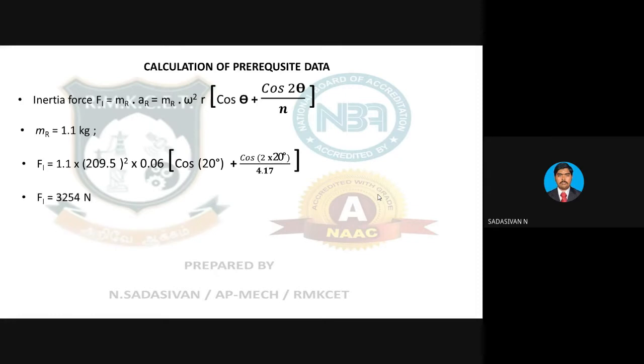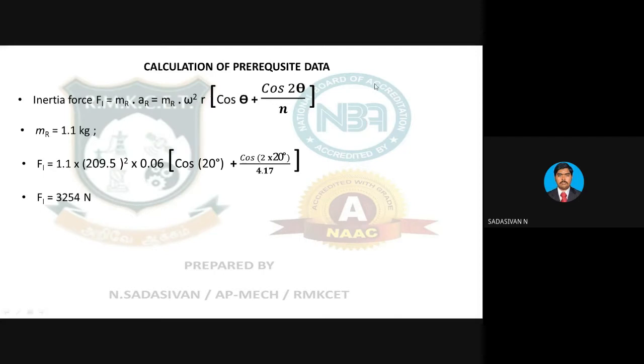The answer should be coming around 3254 Newton inertia force, positive sign. Since your theta is less than 90, cos theta is always positive. You can just remember it as a logic. The calculator will give the answer correctly straight away, positive or negative.